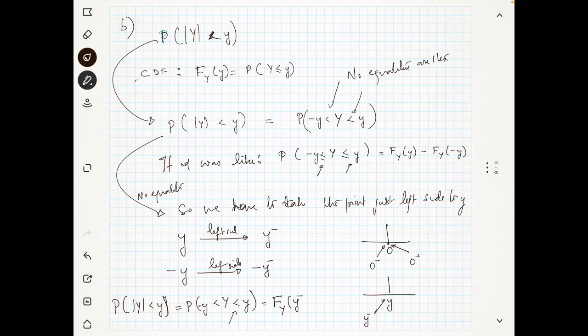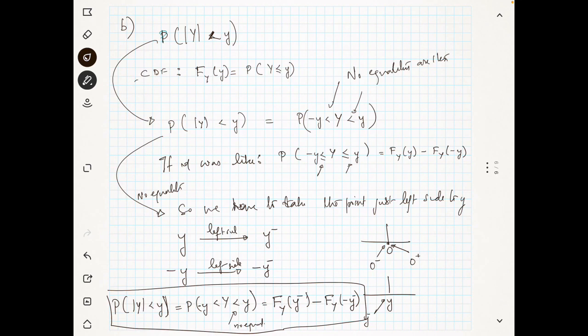Because there is no equality here, it's only less than. So this is the answer. This is how to represent this probability in terms of the cumulative distribution function. That's what the question asked. I hope this problem is very clear to you.